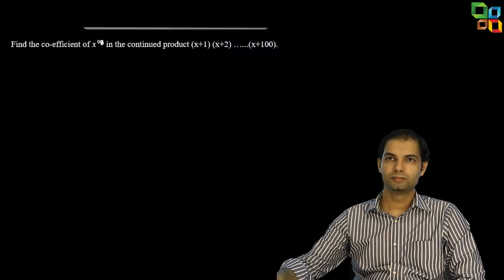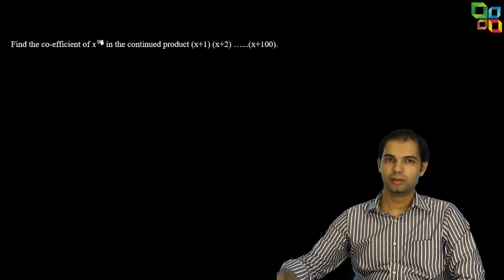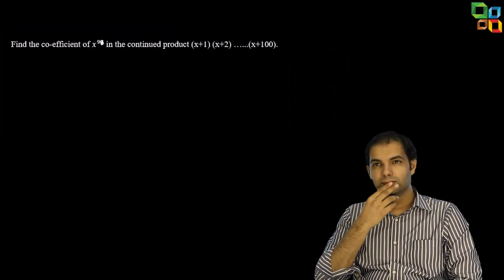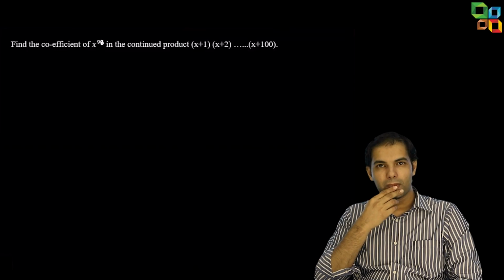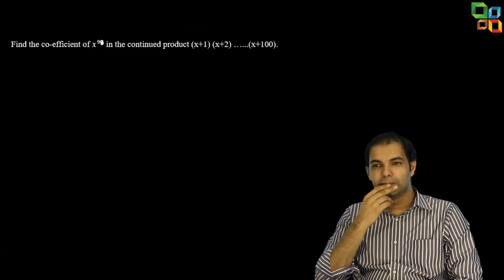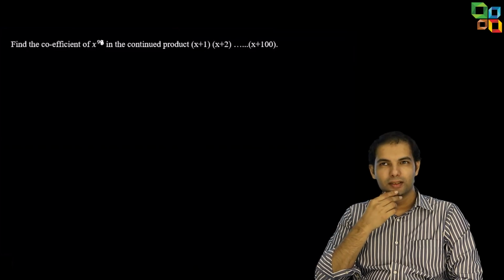So we have to multiply x 98 times and then two constants. So the numbers will add up to 1 into 2 plus 2 into 3 plus 3 into 4 plus 4 into 5 plus 5 into 6 plus, like that, until 99 into 100 plus 100 into 1. Do we know how to find this one?